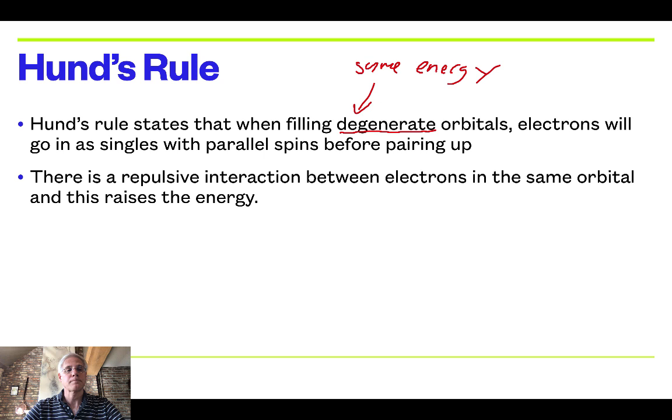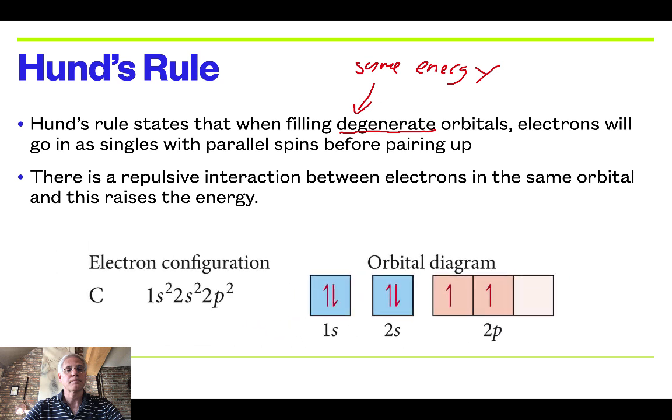Mother Nature wants the energies to be as low as possible. We want atoms to be in that ground state, and so we do as much as we can to keep the energy low. By putting electrons into different orbitals, we remove the possibility of that repulsive interaction. Now, sometimes it can't be helped, and we'll see that here in just a little bit.